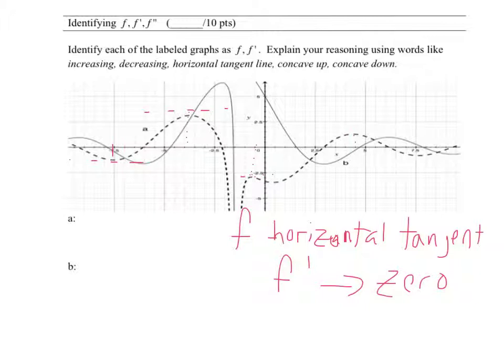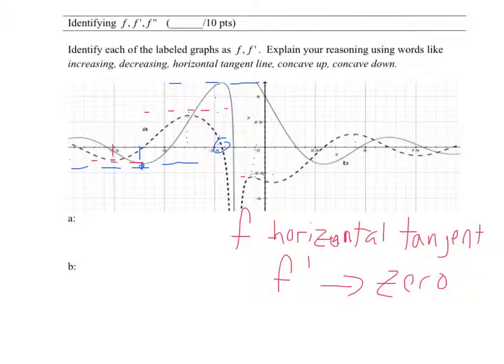I'm going to use blue to talk about the horizontal tangents of my solid function, of function B. First one. It looks like A has a 0 where B has a horizontal tangent. Let's confirm it's at the next guy. Okay, horizontal tangent. Trace it down. I get another 0.